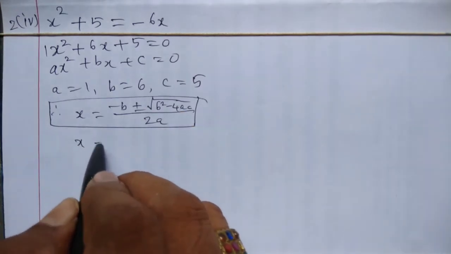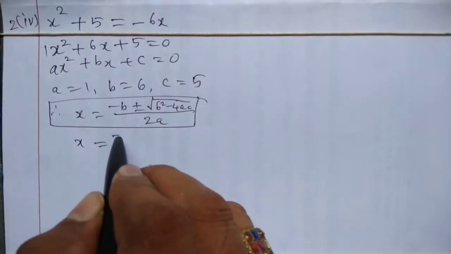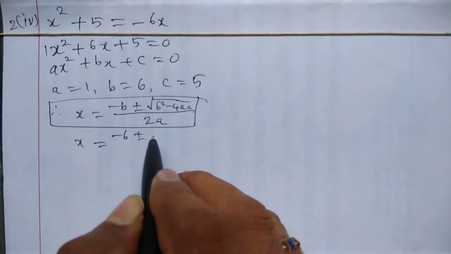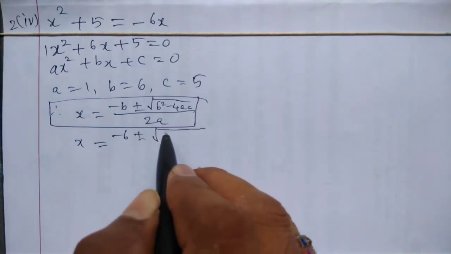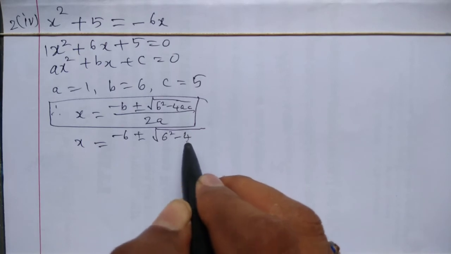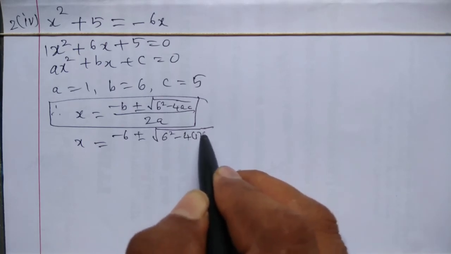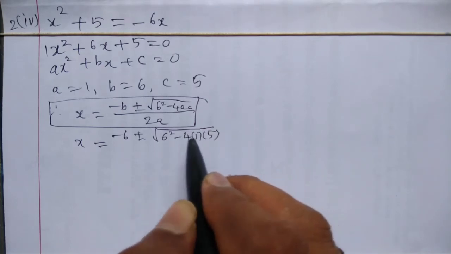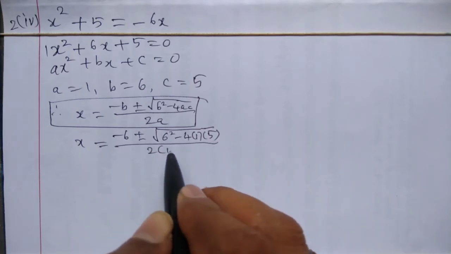We have to substitute these values in this formula. x is equal to minus 6 plus or minus under root of b square minus 4ac, 4 into 1 into 5, by 2 into 1.